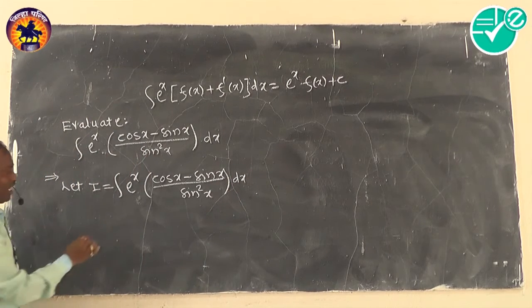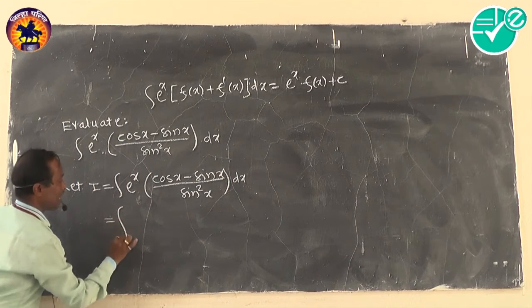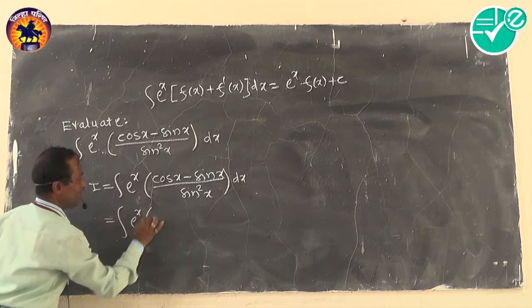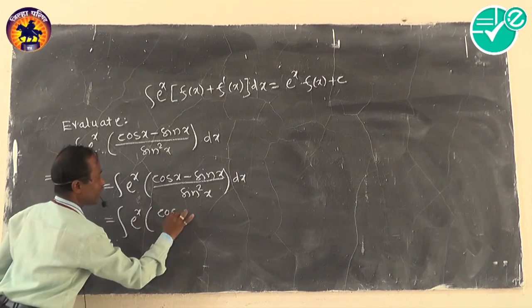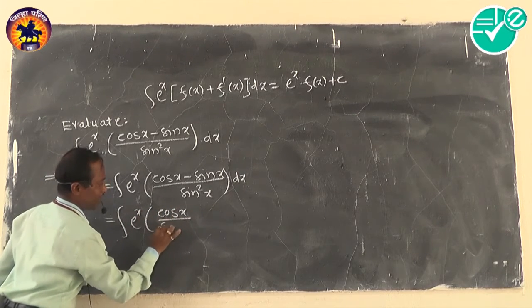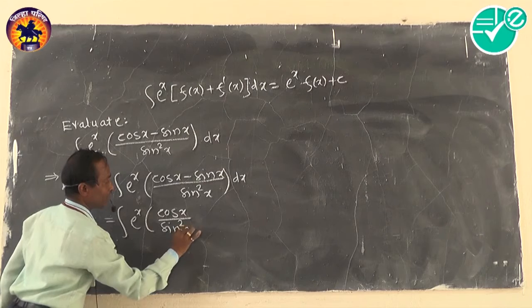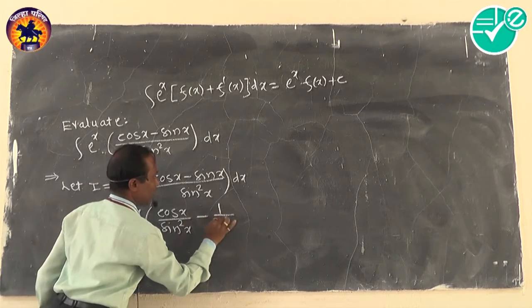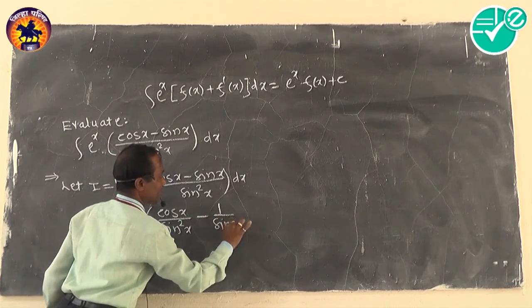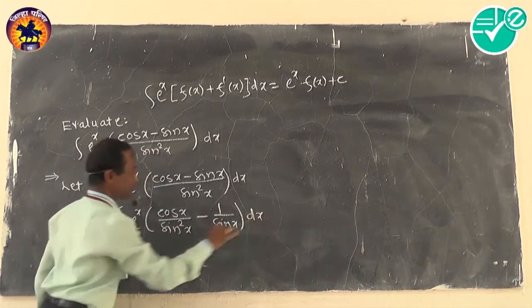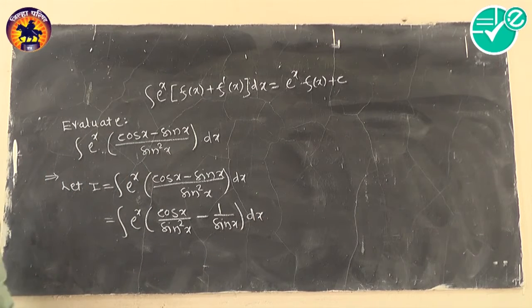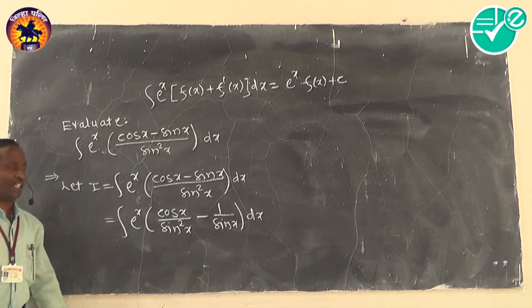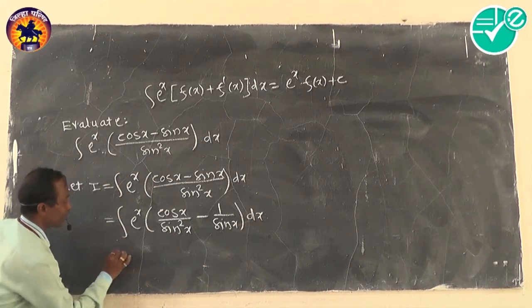Now separate the divide. Integral of e raised to x into (cos x divide by sin square x minus 1 upon sin x) dx. Now 1 upon sin x can be written as cosec x.